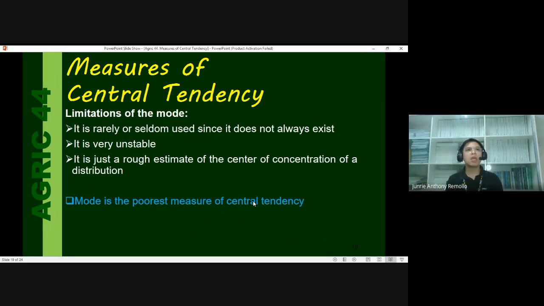Because when we evaluate a certain population, it is one of the criteria wherein we could describe the entire population if there is a frequency of the values that you observe. However, mode is the poorest measure of central tendency.